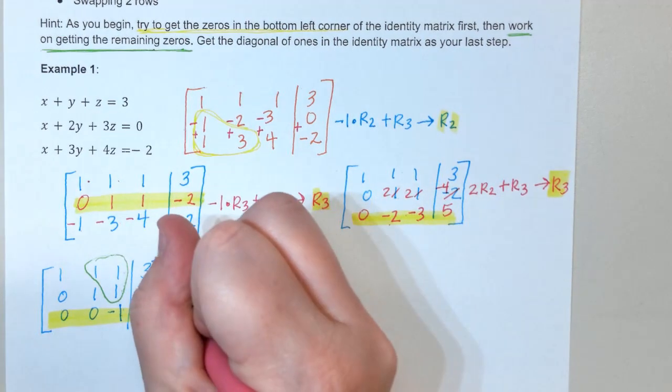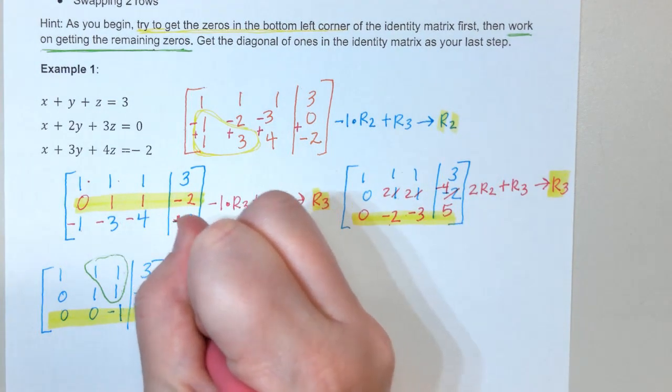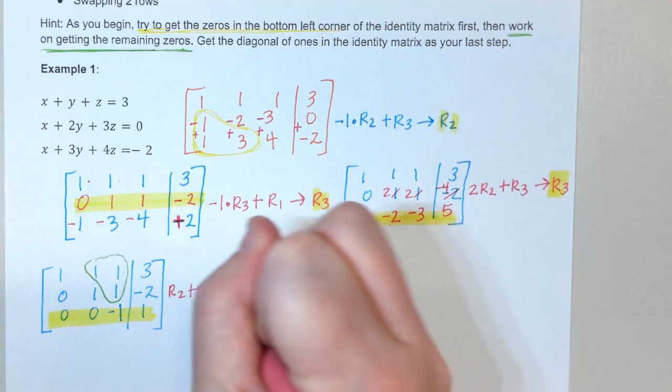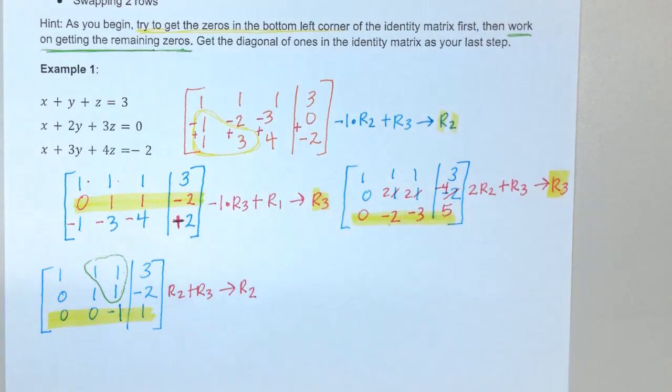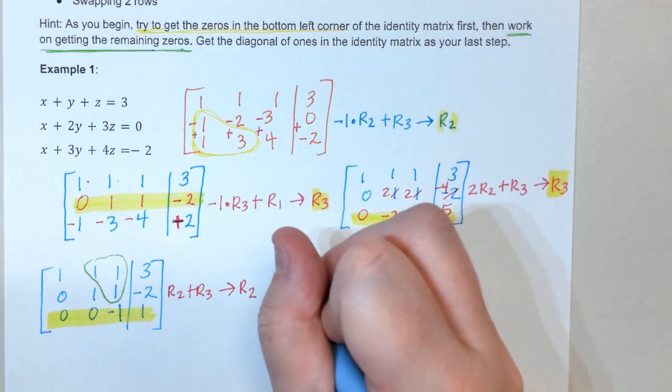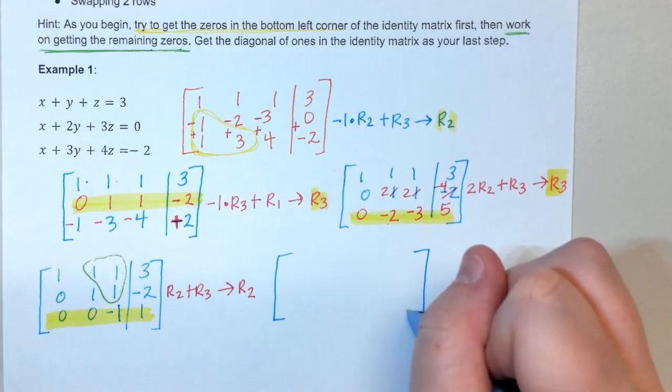But I'm going to do it as two separate steps so that you can follow in your notes and know exactly what's going on. So I'm going to add row 2 and row 3 first. So we're going to get that 0 in row 2 first.